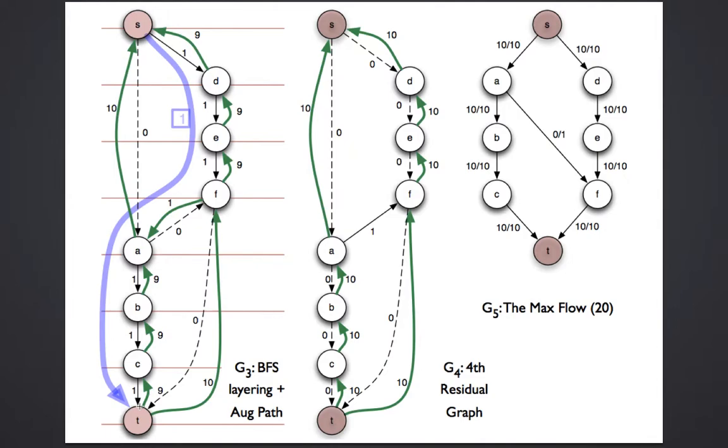And the saturated edge is AF, which is deleted. So we will have the final residual graph.